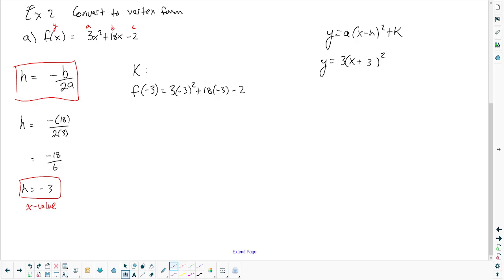So let's subtract that from 27. Minus 2 is negative 29. Okay, so then we put minus 29. f at negative 3, so this is k. k is f at negative 3, which is negative 29. And then we have our final number. Our final number is negative 29.